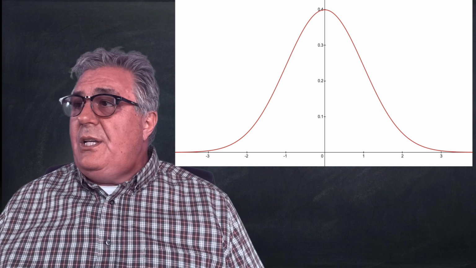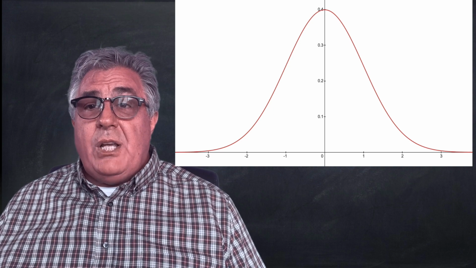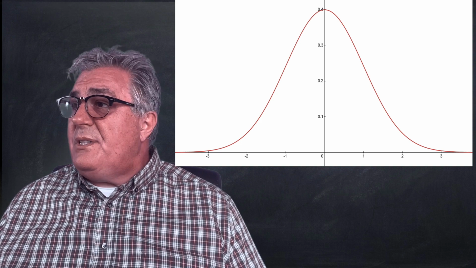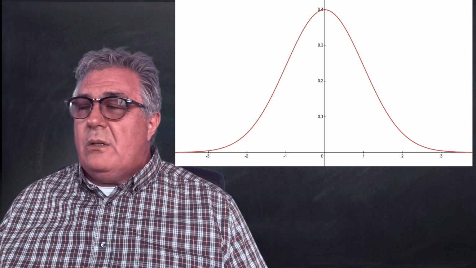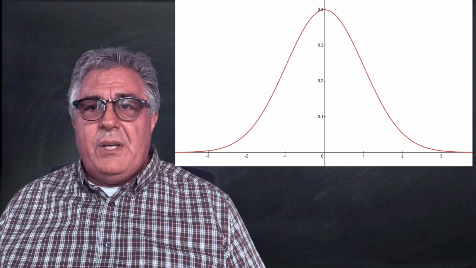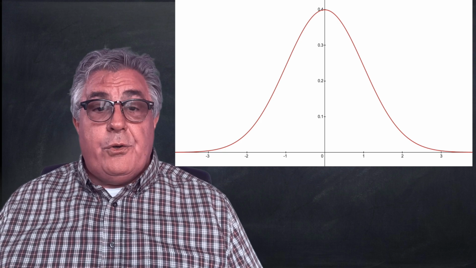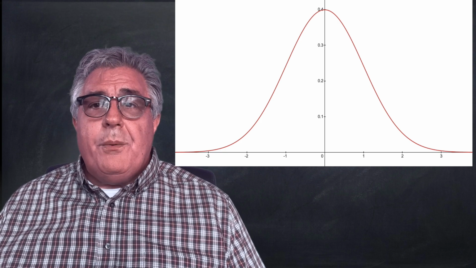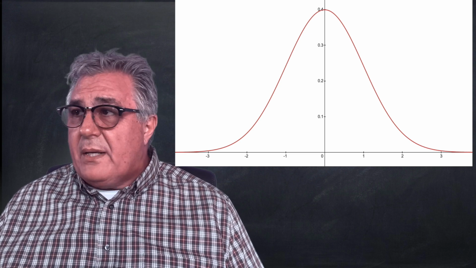All right, but first let's just take a look at the normal probability density curve. As we can see here, this function, this graph, is a bell-shaped graph, and it happens to be centered right here at the value of x equals 0. So this is a specific normal distribution called the standard normal, where the mean and the standard deviation are 0 and 1 respectively.